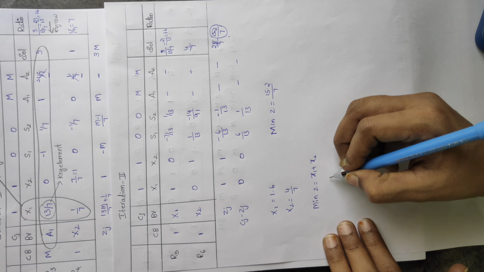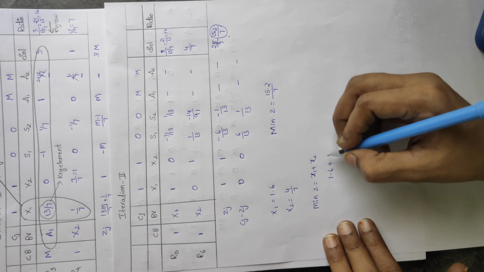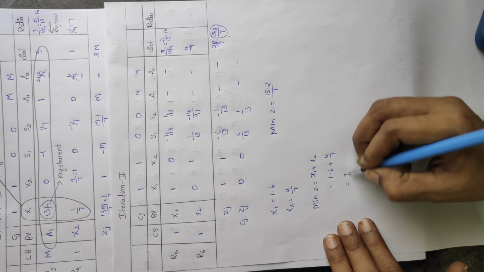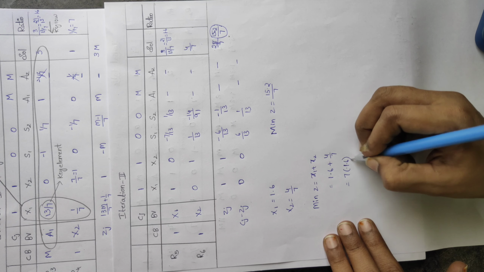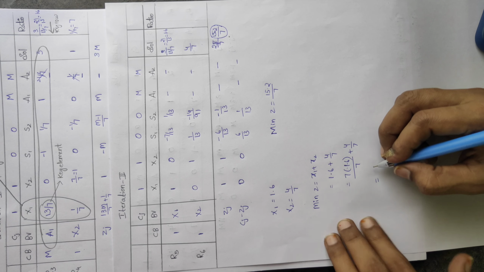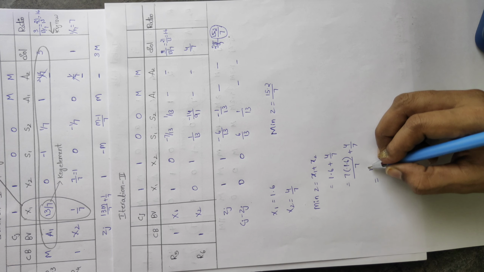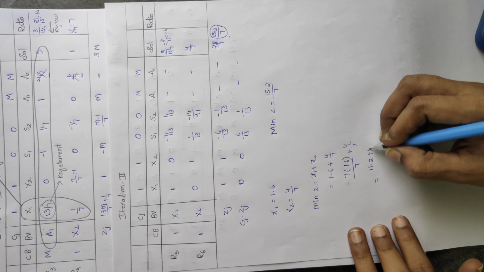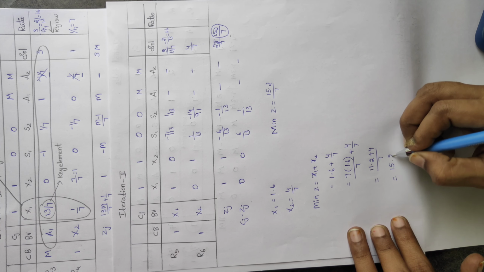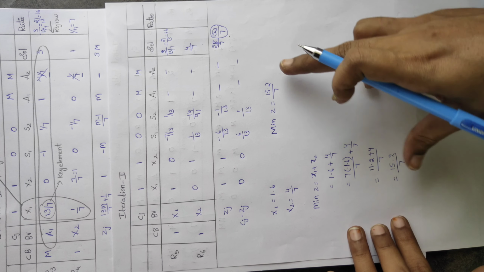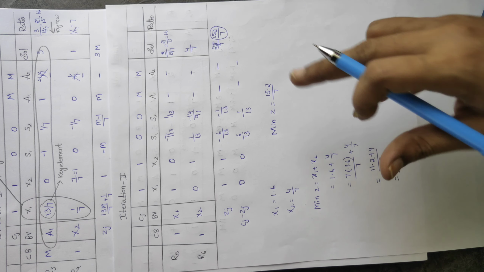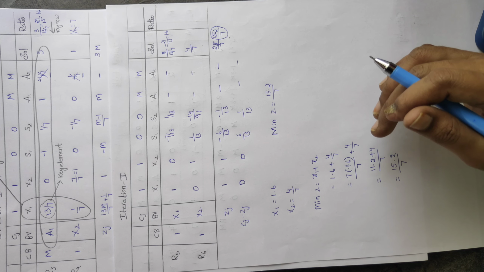That means x1 is 1.6 plus x2 is 4 by 7. 7 into 1.6 divided by 7 plus 4 by 7 equals 11.2 plus 4 by 7, which equals 15.2 by 7. So both the values are equal. The optimality is reached. This is the way to prepare the LPP model using the Big M method.